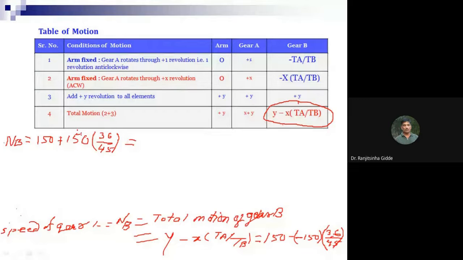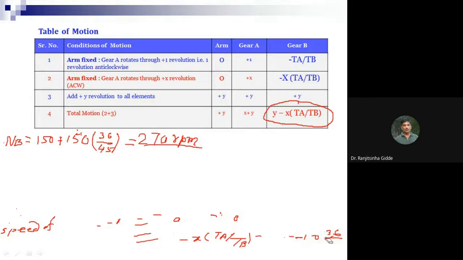Okay. Somebody should tell me the final value for this combination. 270 RPM. Correct, good. So the final value for the speed of B is equal to 270 RPM.